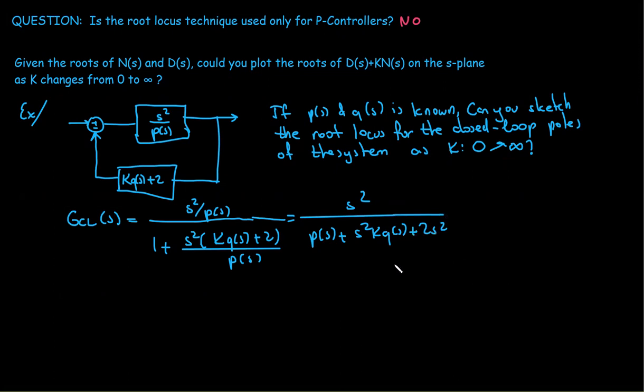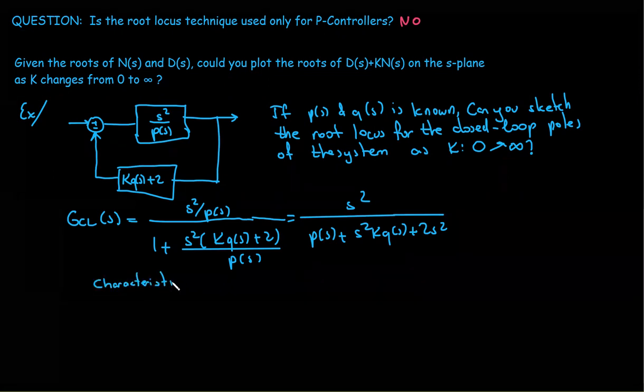What is the characteristic polynomial of this system? It is the denominator of the closed loop transfer function, right?